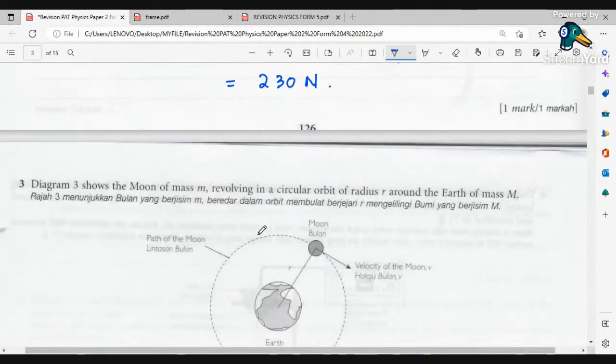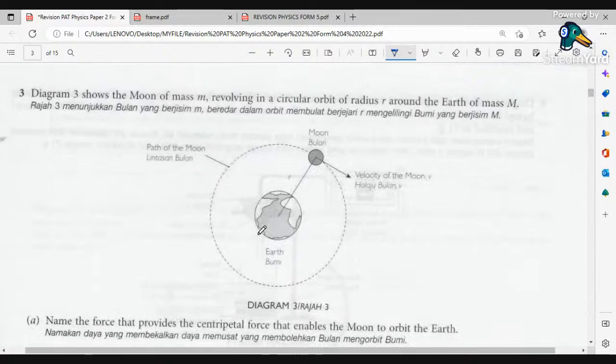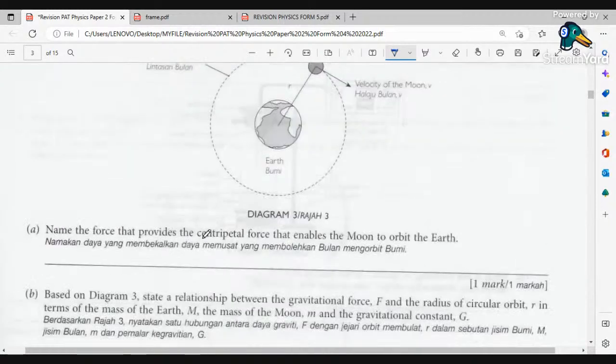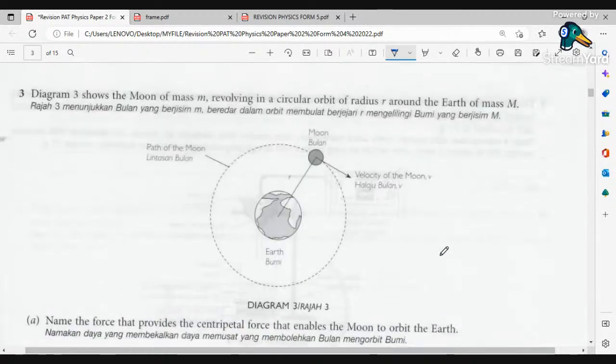Okay, number 3. The diagram shows a moon of mass m revolving in a circular orbit of radius r around Earth of mass M. Name the force that provides the centripetal force that enables the moon to orbit the Earth. What is equal to centripetal force?